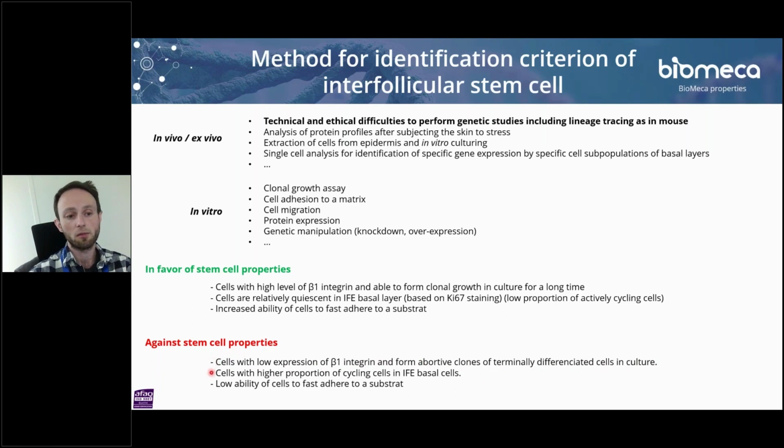These non-stem cells possess a higher proportion of proliferating cells in the intrafollicular epidermis in basal cells, and these cells have a lower capacity to adhere to a substrate compared to what is described for the stem cell population.